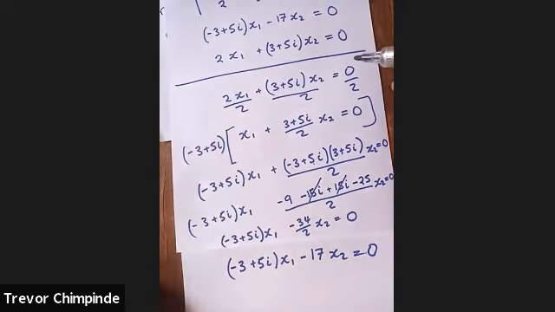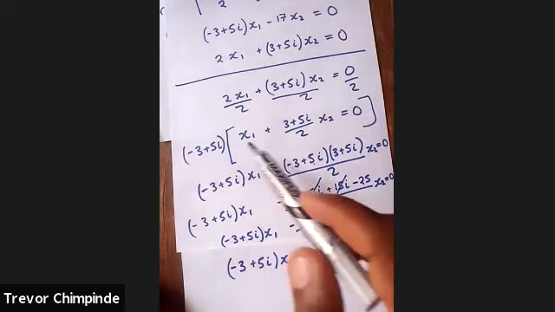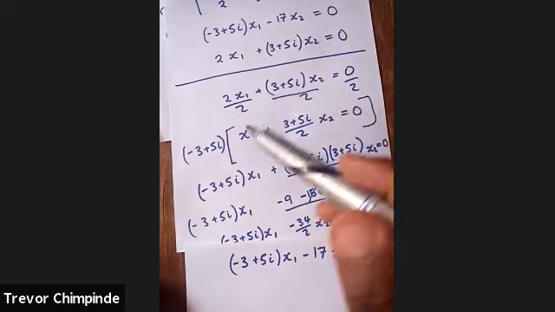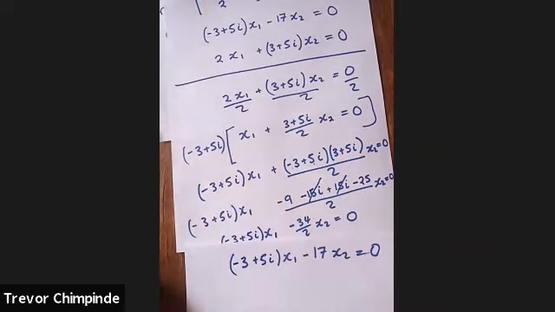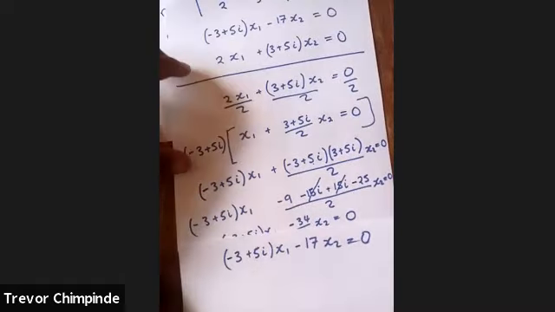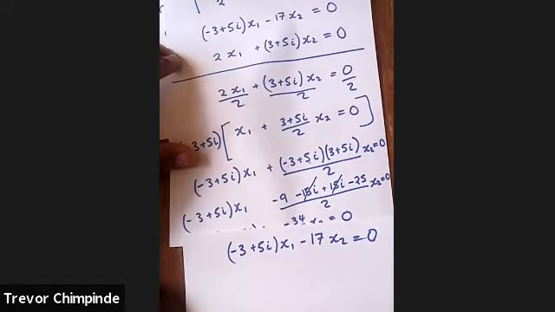This one, yes. So you see that you can get equation 1 out of equation 2 by dividing by 2, then multiplying by (-3 plus 5i). So verified. Are we happy?